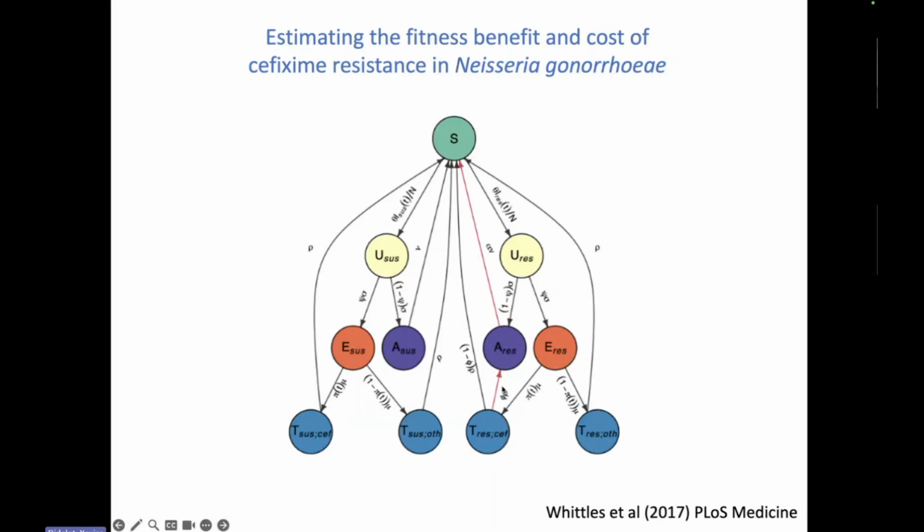The other difference is here for this red arrow, where if you treat an individual who is infected with a resistant cefixime strain with cefixime antibiotics, then instead of just curing the infection as would happen with the susceptible individuals, there's a probability phi that they are not going to be successfully treated.